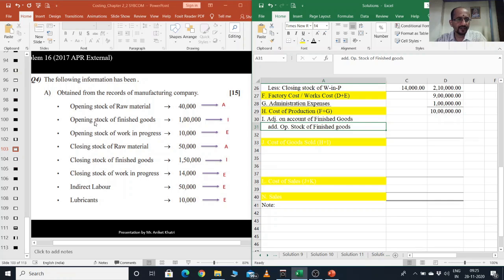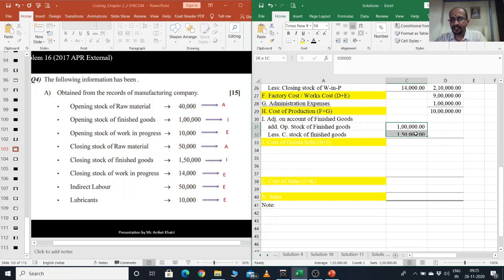Here, second item, opening stock of finished goods 1 lakh. You can write it in the inner column, 1 lakh. Next, you need to minus the closing stock of finished goods, right? So it is 1,50,000.